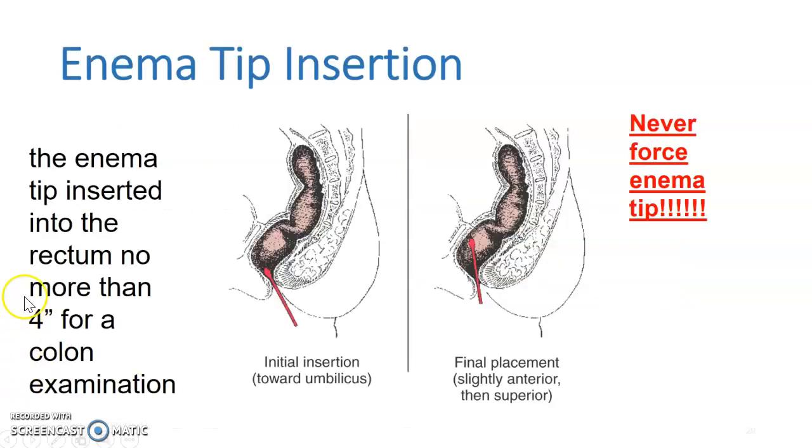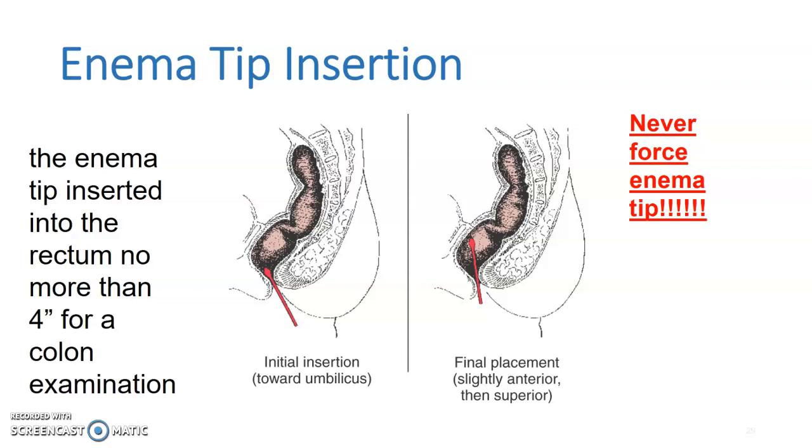The enema tip is inserted into the rectum no more than 4 inches for a colon examination. I would say just never force the enema tip. If you are trying to place an enema tip and you're getting some resistance, I always ask the radiologist to step in the room with me. We maybe need to fluoro to make sure there's not something there, or maybe there's some sort of obstruction and we need a smaller tip.